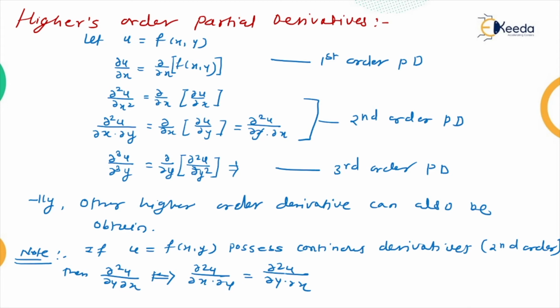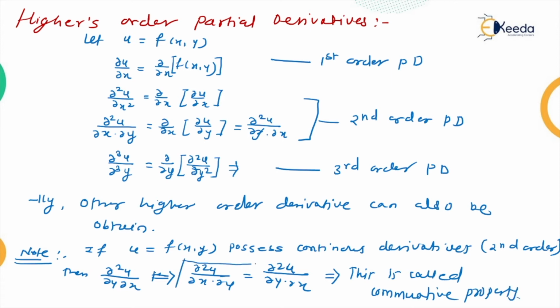So you observe again on the RHS, differentiation of u second time with respect to first x and then y. So this is called commutative property. Means these both are same.